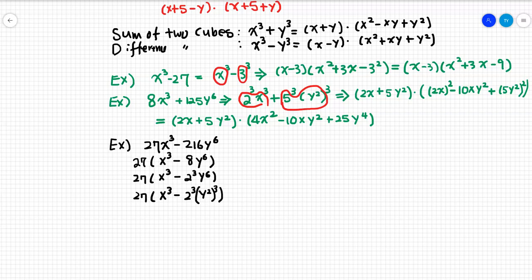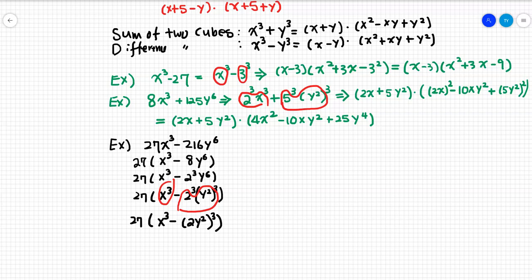Okay, so what we have now is x cubed here, and the y is going to be simply 2y squared. So if I rewrite this, you have 27 times x cubed minus 2y squared, cubed.